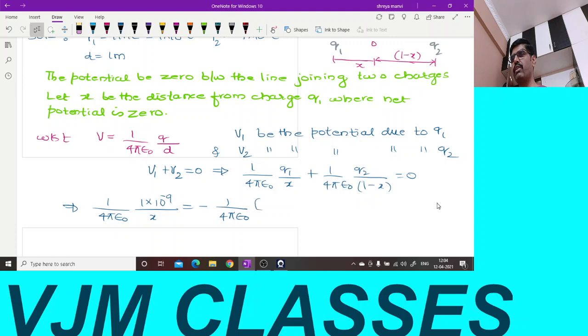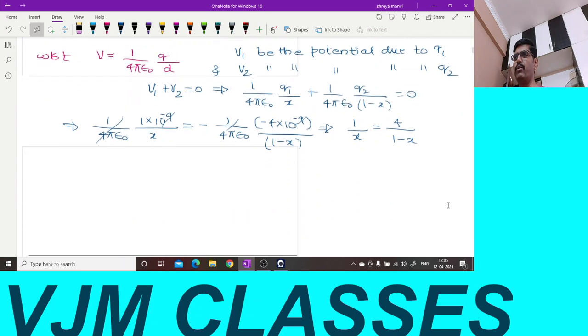Remember, Q2 is given as minus 4, so we have to take that negative sign into account, because potential is a scalar quantity. So 1 minus x. You can see here 1 by 4 pi epsilon naught will get cancelled, 10 power minus 9 is also common, it will get cancelled. I am left with 1 by x equals, on the right hand side, minus of minus, it will be plus 4 divided by 1 minus x.